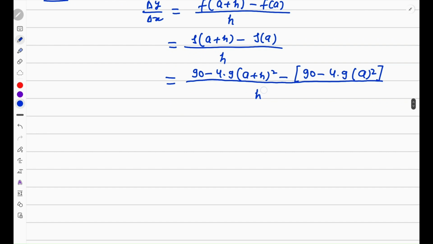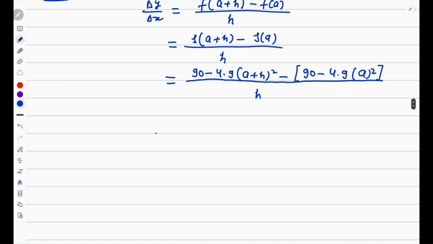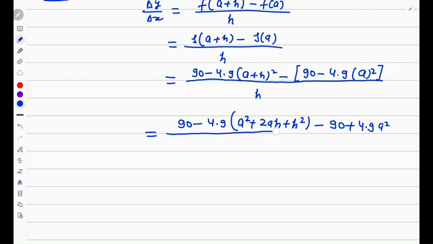So we can open this expression, it becomes 90 minus 4.9 (a square plus 2ah plus h square) minus 90 plus 4.9 a square over h.